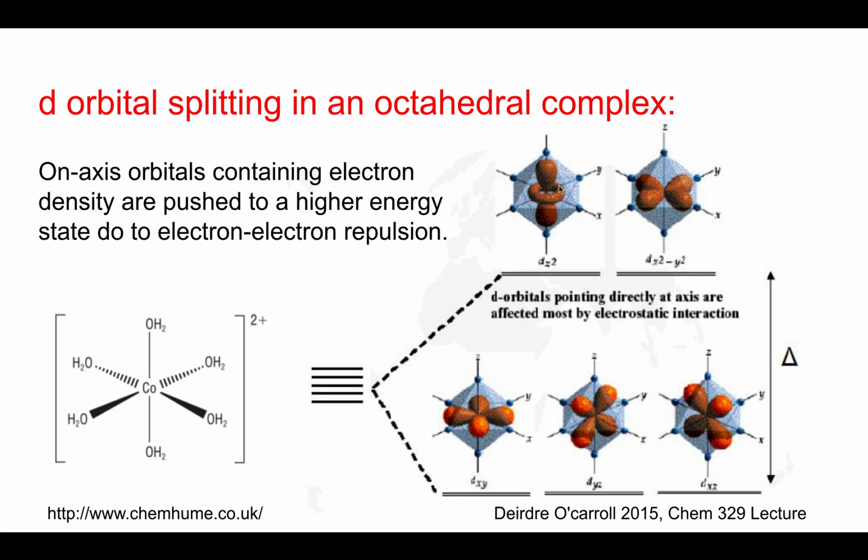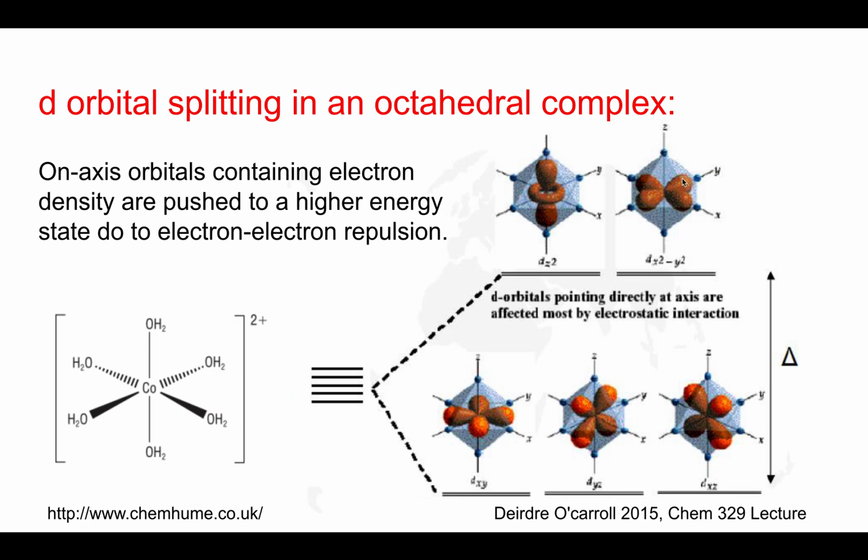Okay? So now let's say I have an octahedral complex. So I have 6 water molecules, one here, here, here, here, here, and here. Okay. So now the orbitals from these water molecules are going to come in close proximity to these orbitals along these axes.